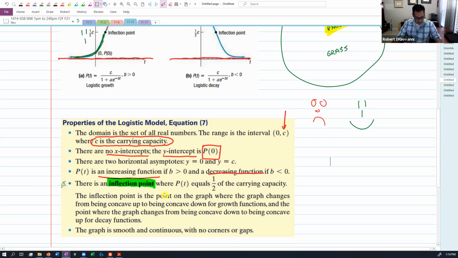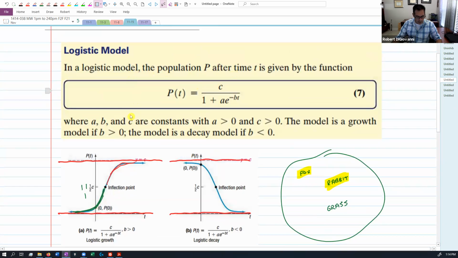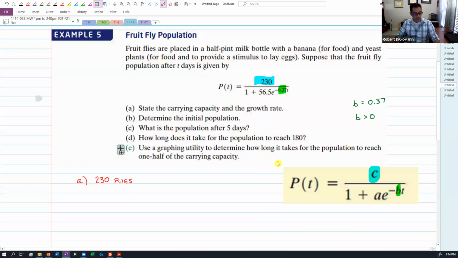Where does it say it here? It doesn't say it anywhere, does it? Okay, they don't even state it here, which is weird. The growth rate is B. Okay, so for us, the growth rate here is the 0.37, and it was positive, right?